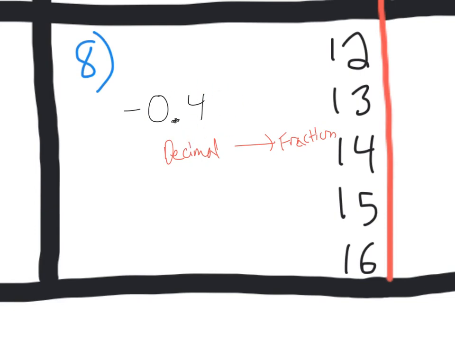So if we remember place value, this is the tenths place. This is the whole number, ones place. When we slide over to the right hand side of the decimal, we get tenths place. So I would write this as 4 over 10. I'll go ahead and bring that negative symbol on down.